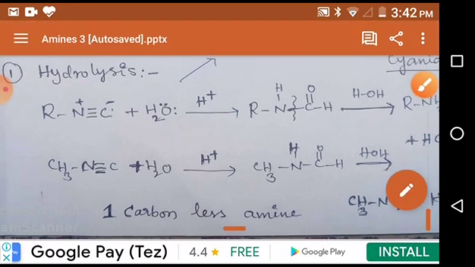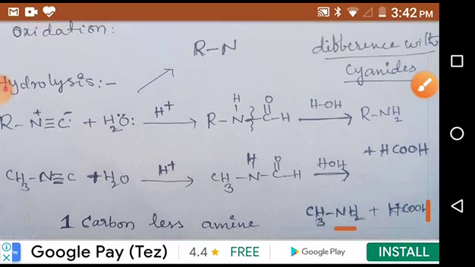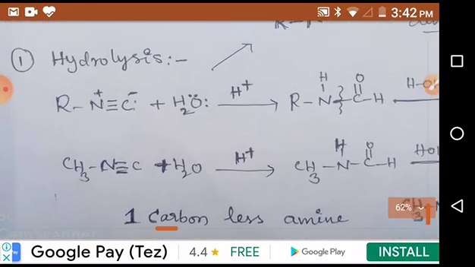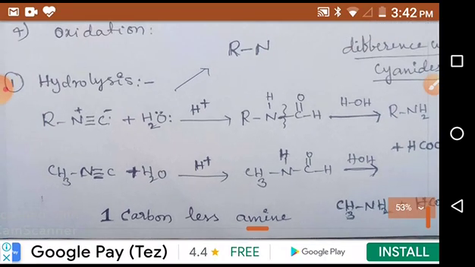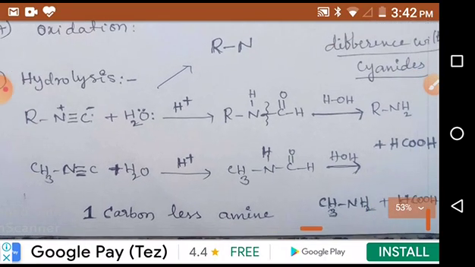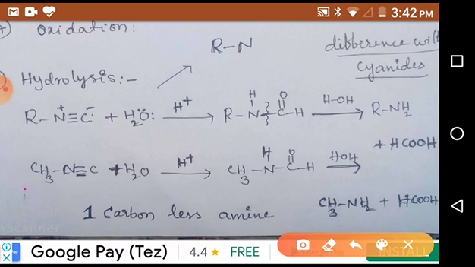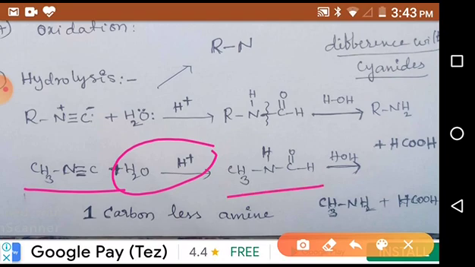For example, take methyl isocyanide, an example of alkyl isocyanides. This methyl isocyanide on hydrolysis first gives an intermediate compound, and on final hydrolysis it gives methylamine, aminomethane, plus formic acid.